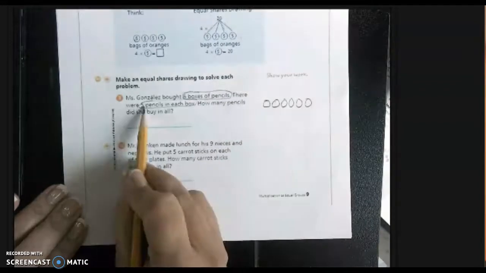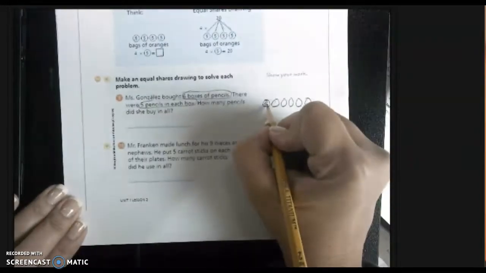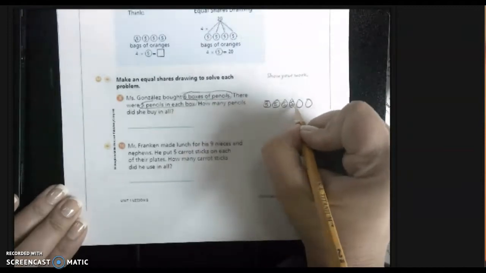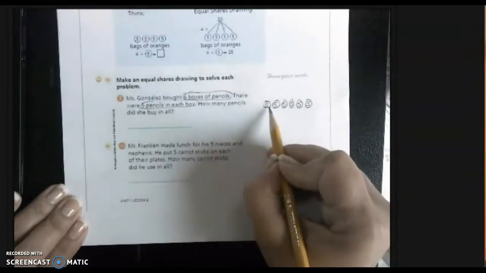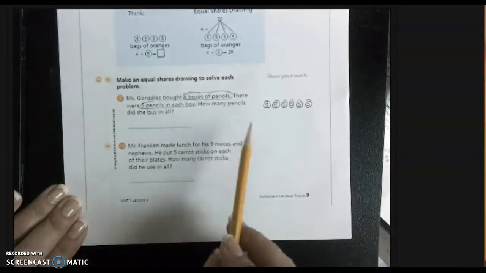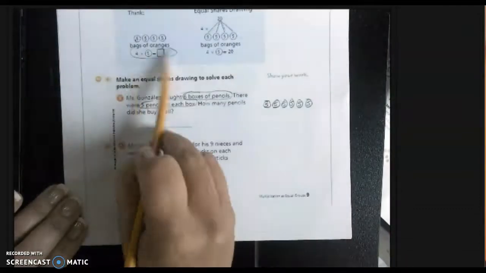And then this is the number we're going to put in them, because each one has 5. So we're going to put that number 5 in each one. And this is like repeated addition, 5, 10, 15, 20, 25, 30, or skip counting if you want to call it that, or we will also make it into an equation up here.